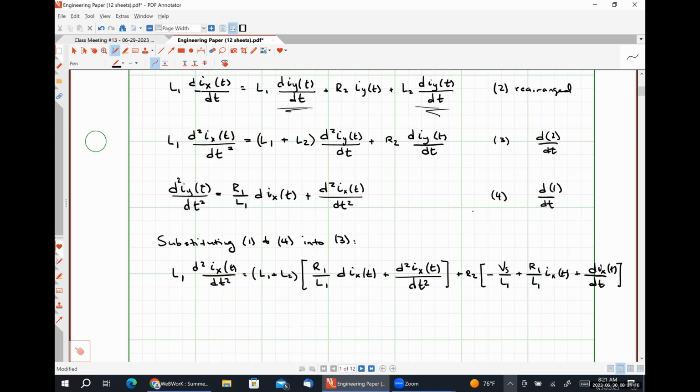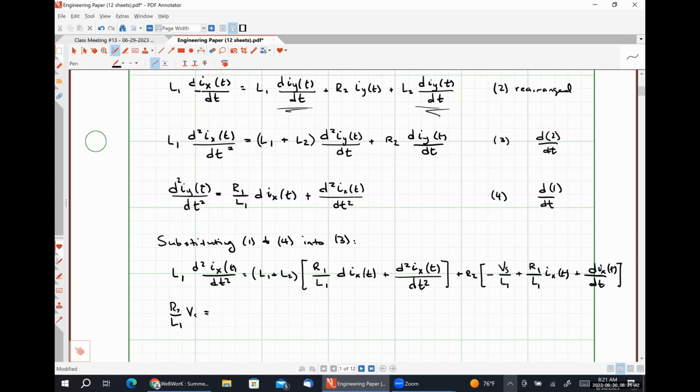So I'm going to move my constant term to one side of the equal sign. I'm going to put my constant term on the left. So that's going to look like R2 divided by L1 times Vs will be equal to. Now let's look at our second derivative relationship here.